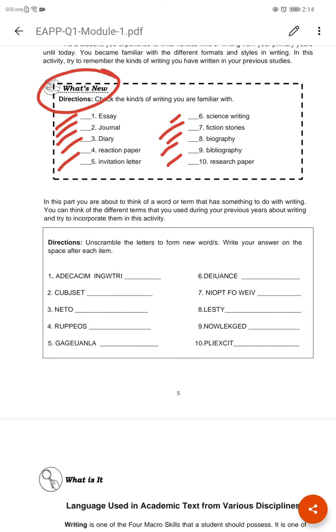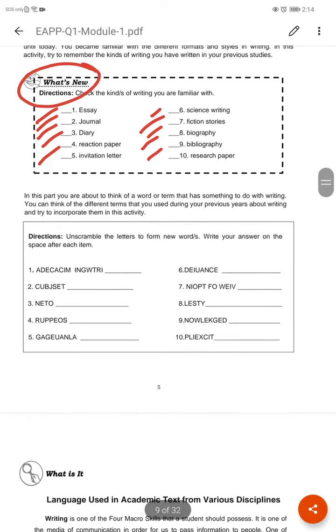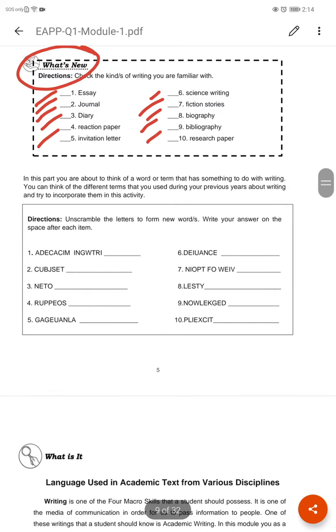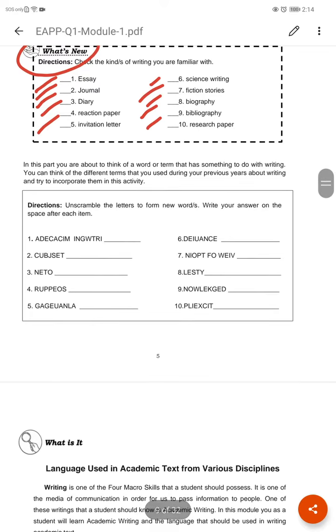Okay. Now, let's check your answers. For item 1, I will no longer be writing here the answer. So, listen carefully. For item 1, the answer is academic writing. Item 2 is subject. Item 3 is tone.